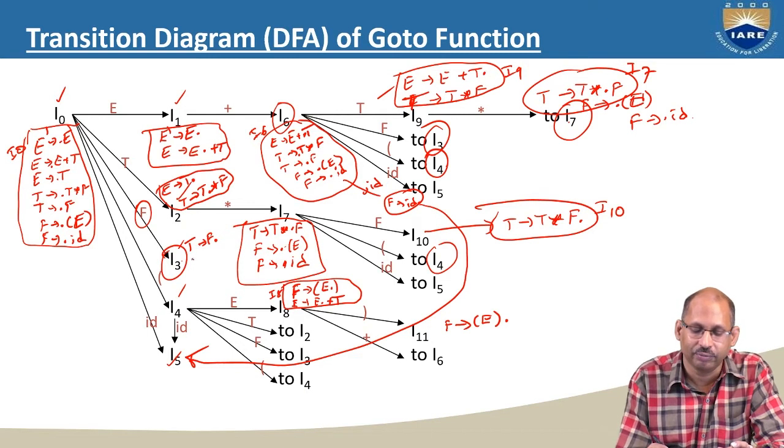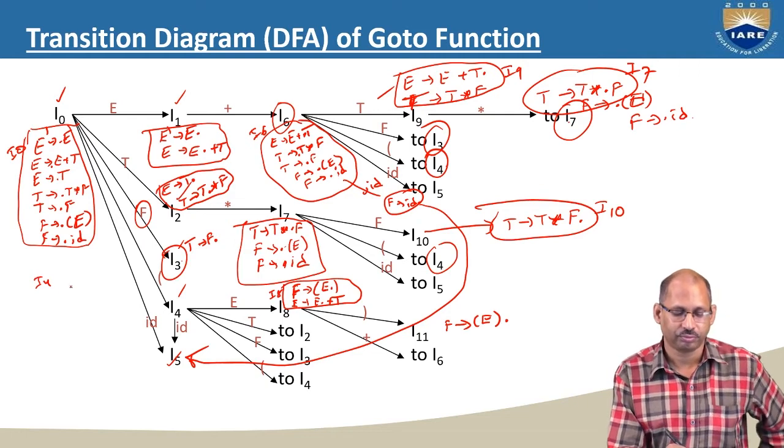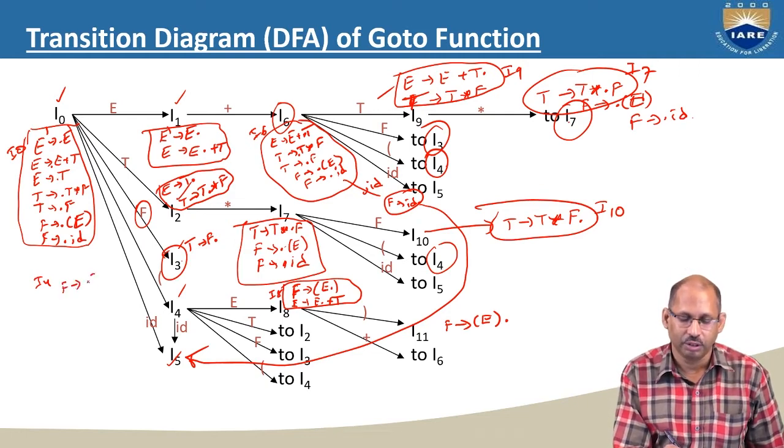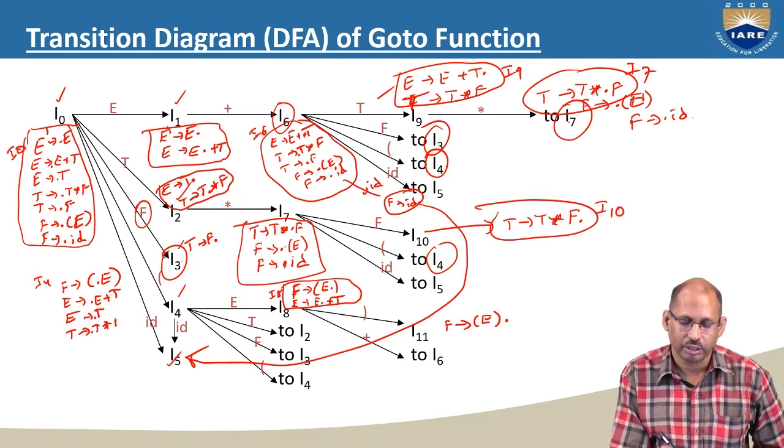I4 comes next on the left parenthesis. What is I4 here? F → (.E). So add E productions: .E + T, E → .T, T → .T * F, T → .F, F → .(E), F → .ID.